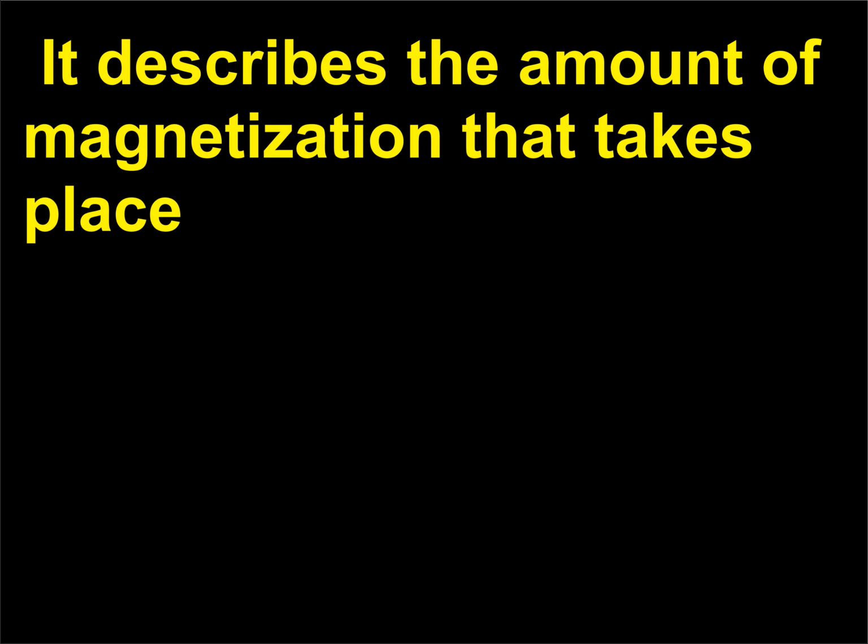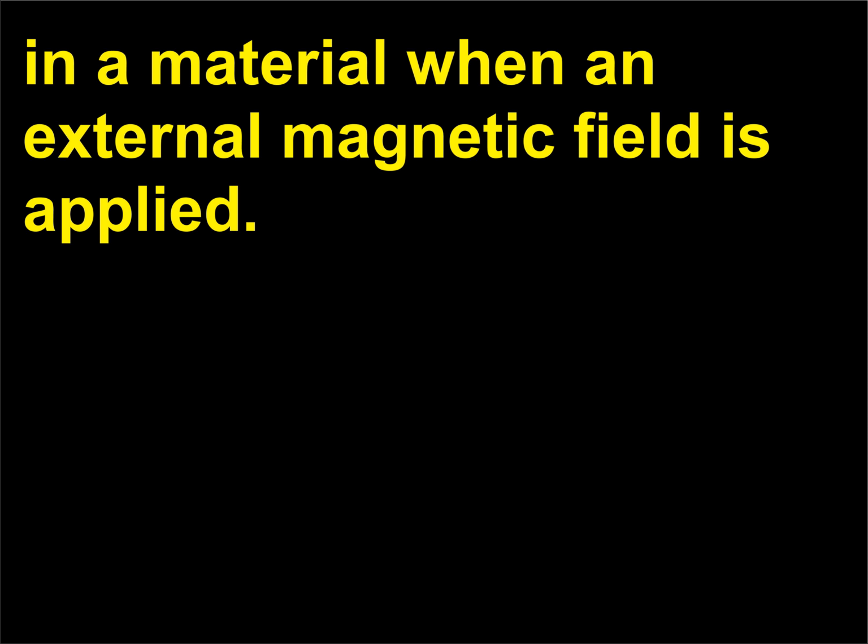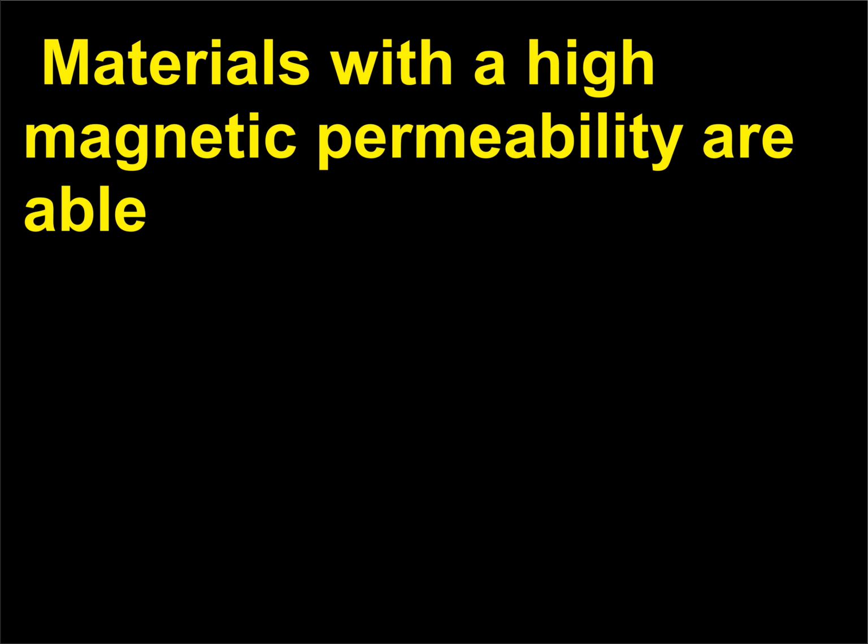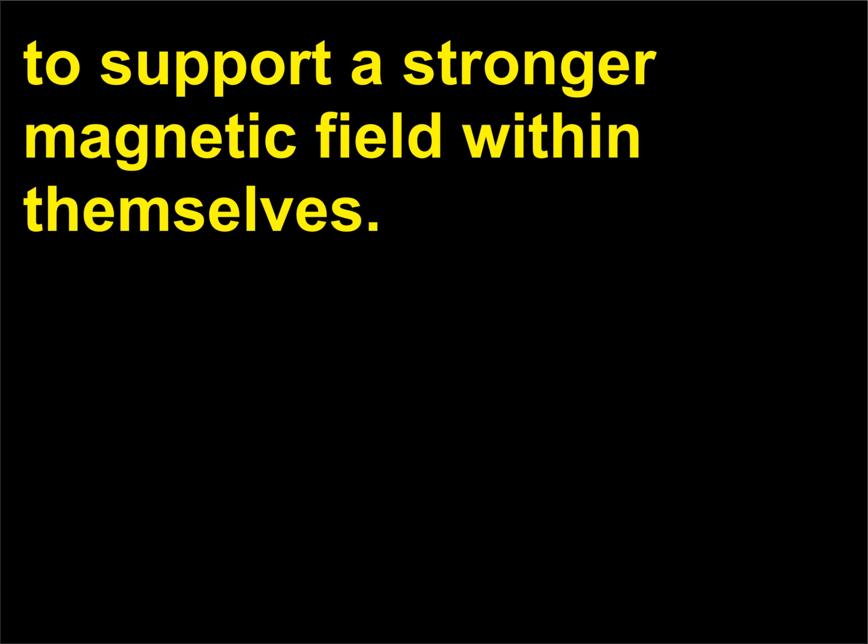It describes the amount of magnetization that takes place in a material when an external magnetic field is applied. Materials with a high magnetic permeability are able to support a stronger magnetic field within themselves.